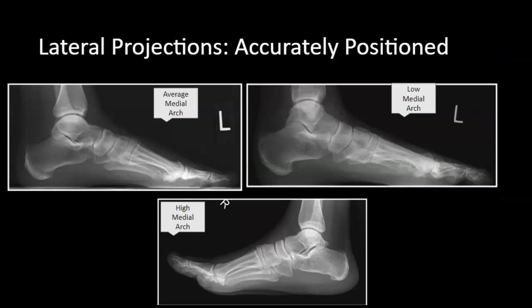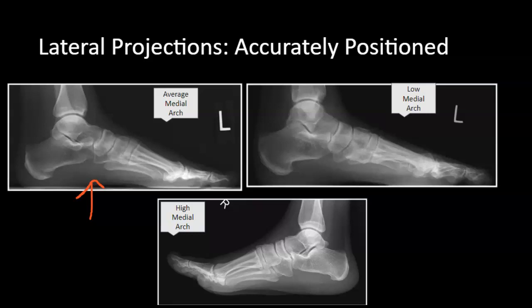Again, you will see here that these are 3 accurately positioned arches of 3 different patient types. In an average medial arch, you can see the position of your cuboid and your navicular in this projection, and in each of the other.